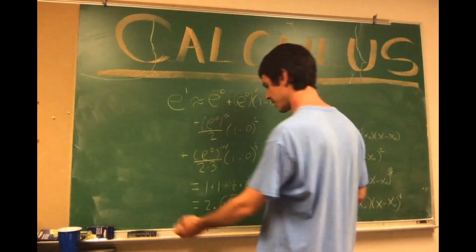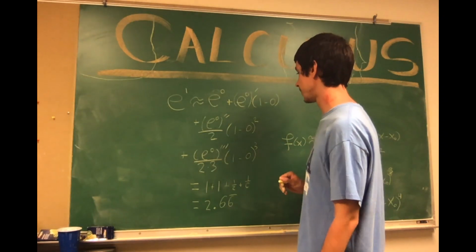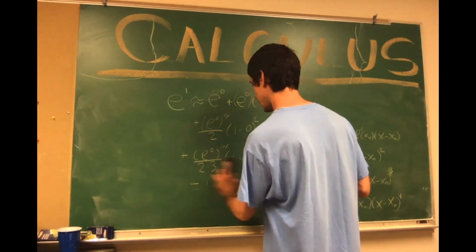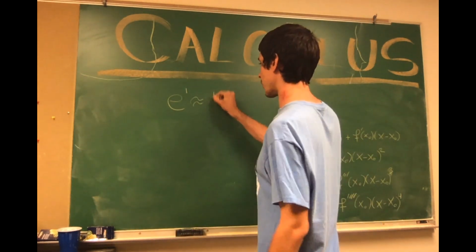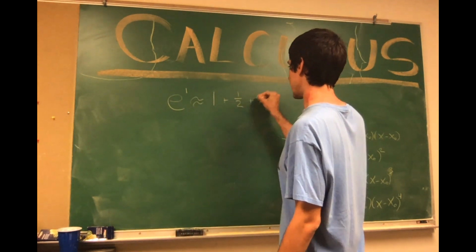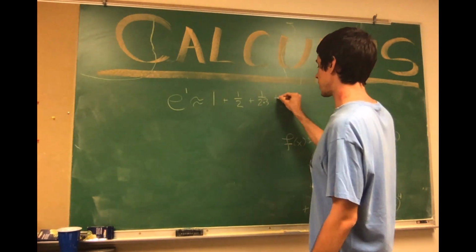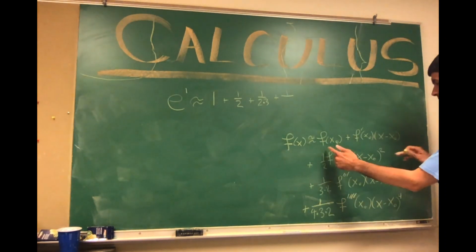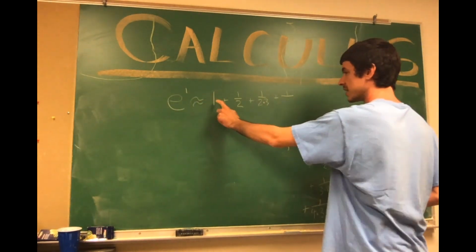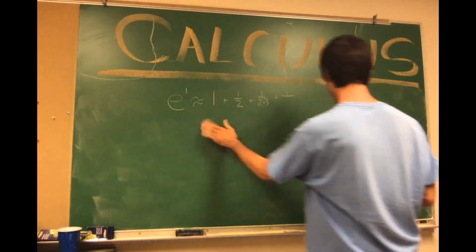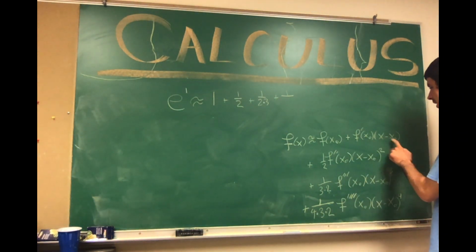And if you look at this pattern, what's actually happening here is we're just doing 1 plus 1/2 plus 1/6 plus 1 over 2 times 3 times 4. Then the next one would immediately be 1, because when we're dealing with e to the 0, all the terms involved are going to be 1. All the derivatives are going to be 1, and 1 minus 0 is going to be 1.